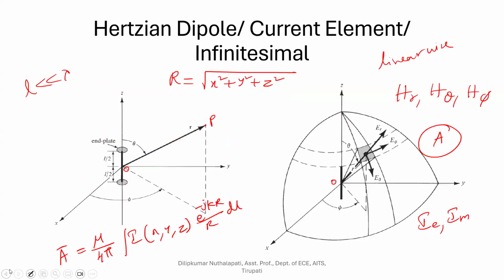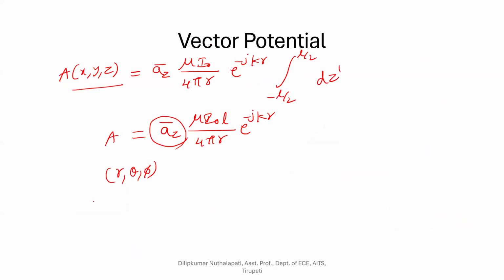From the figure, we can see the element is placed on the z-axis and the current is directed along the z-axis. So the vector potential is also only Az.